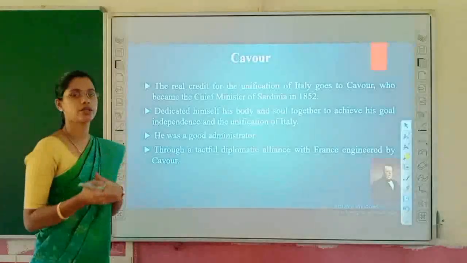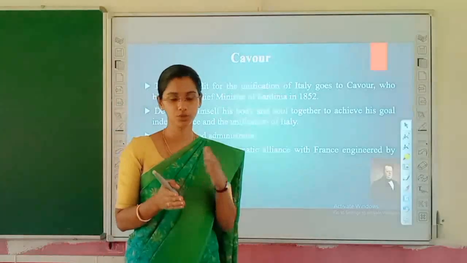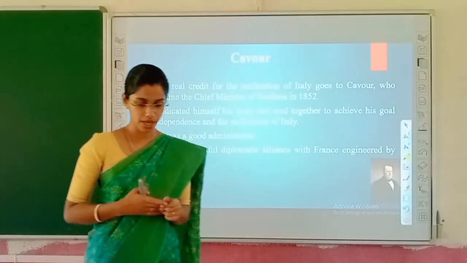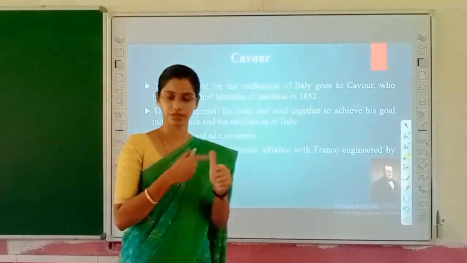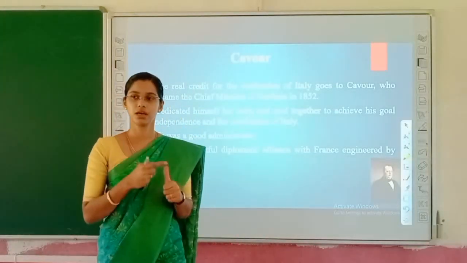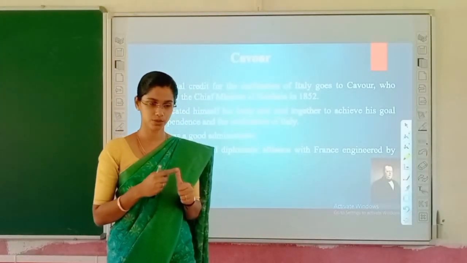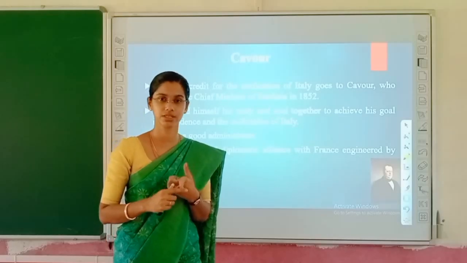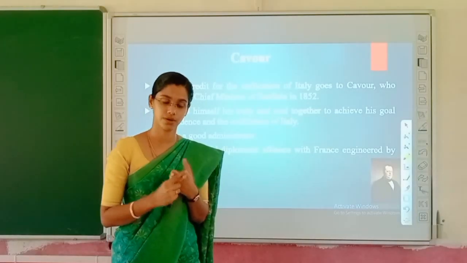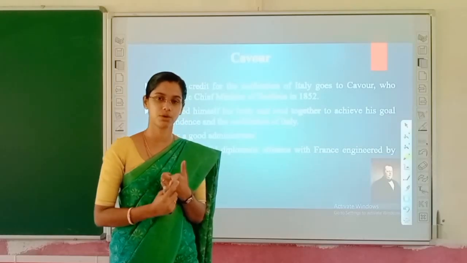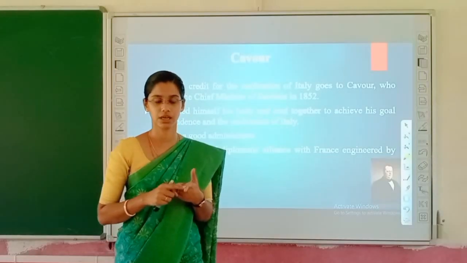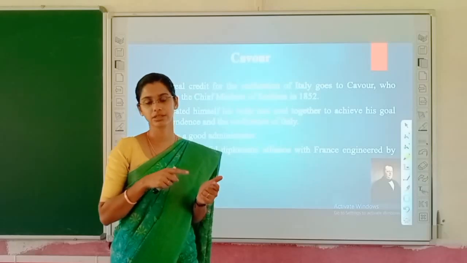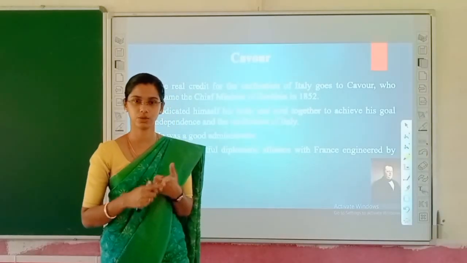These are the main points relating to the unification process of Italy. First, there is Giuseppe Mazzini, one of the important persons for the unification process of Italy. He formed a secret society for the success of the unification process, called Young Italy. The uprisings in 1831 and 1848 failed.